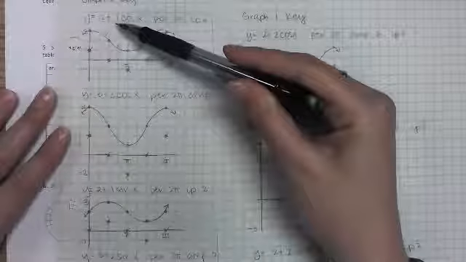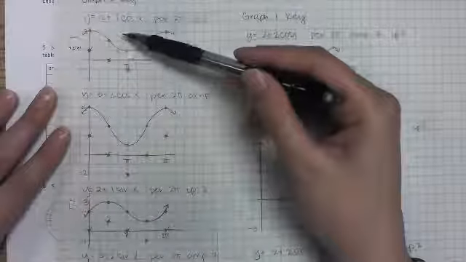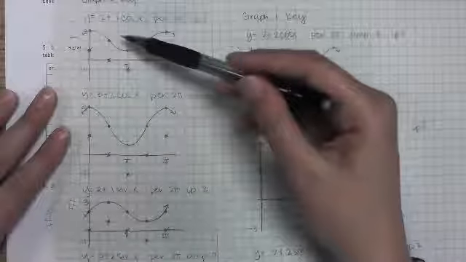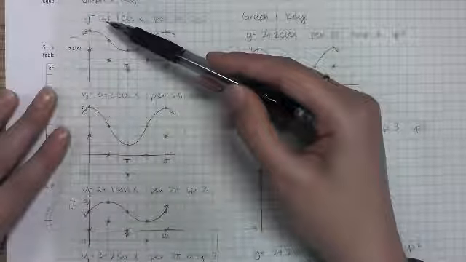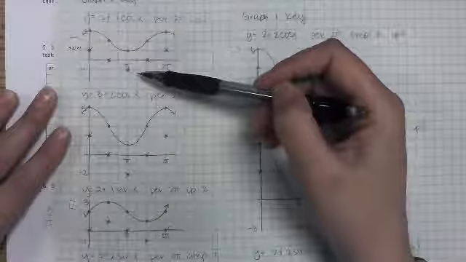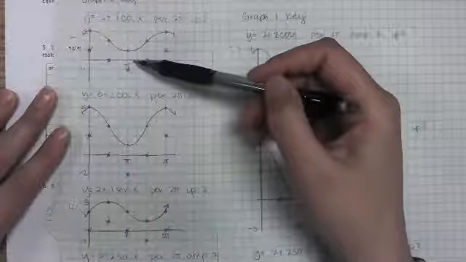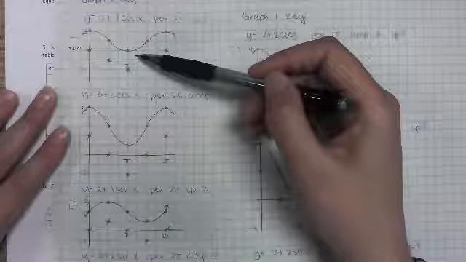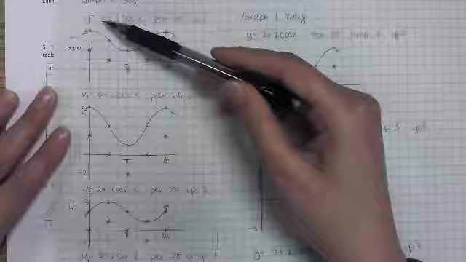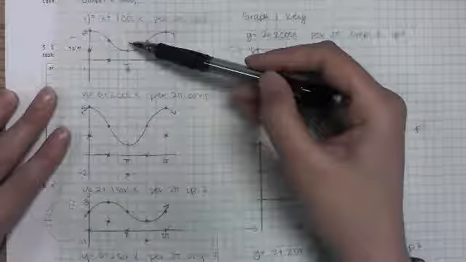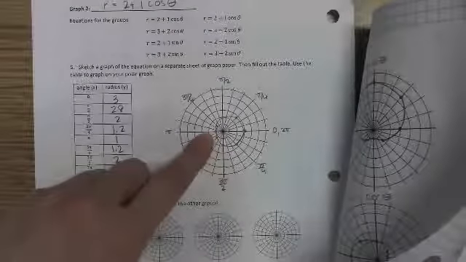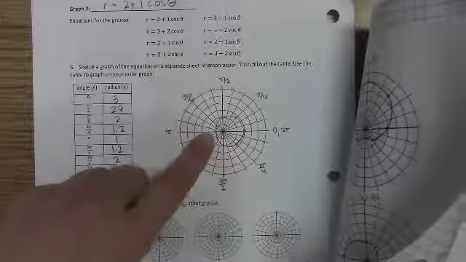On all of these, our amplitude was exactly 1 smaller than our vertical shift. So if I have an amplitude of 1, that means that I'm going to be 1 above the x-axis and 1 below the x-axis. Then when I shift up 2, I'm shifting up 1, which would set it equal with the x-axis, and then 1 more, which leaves a space of 1. If this had been a shift up 3, my graph would have been up 2, and instead of dipping in at 1, my graph would have dipped in at 2, if that makes sense.